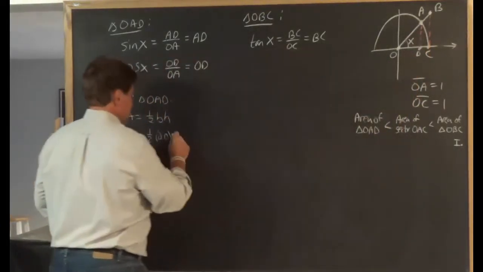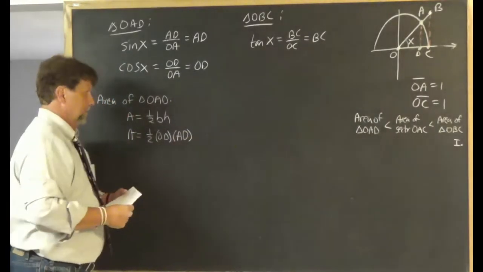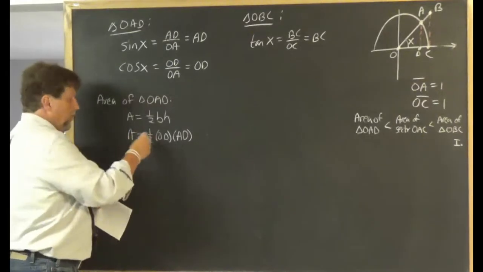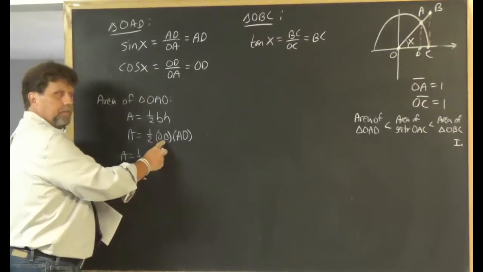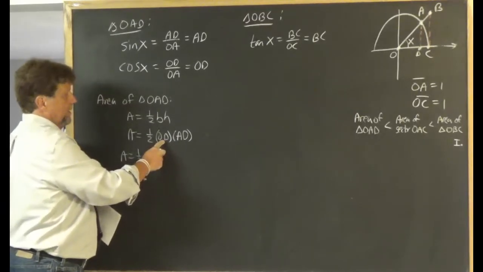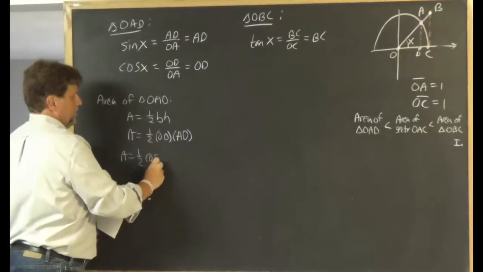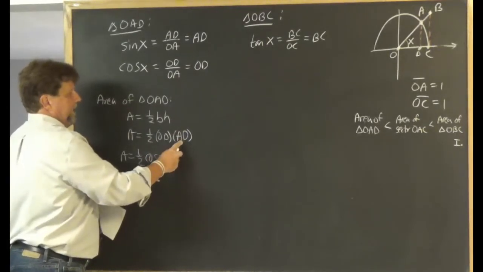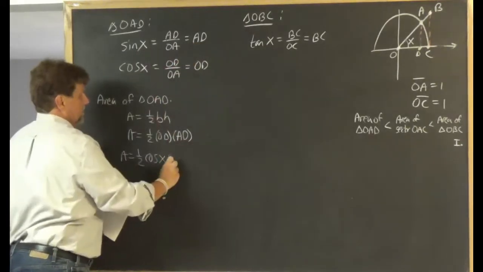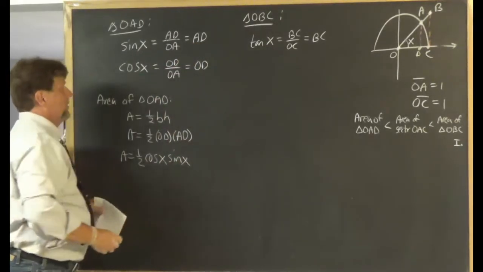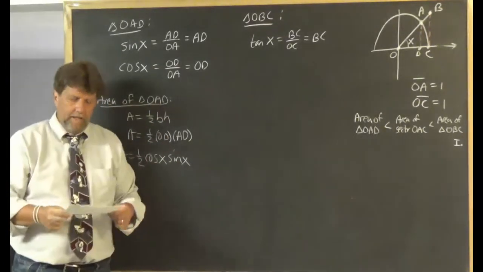That's AD. Another way to represent this is, look at OD. OD is the cosine of x. Look at AD. AD is the sine of x. So the area of triangle OAD is 1/2 cosine x sine x.